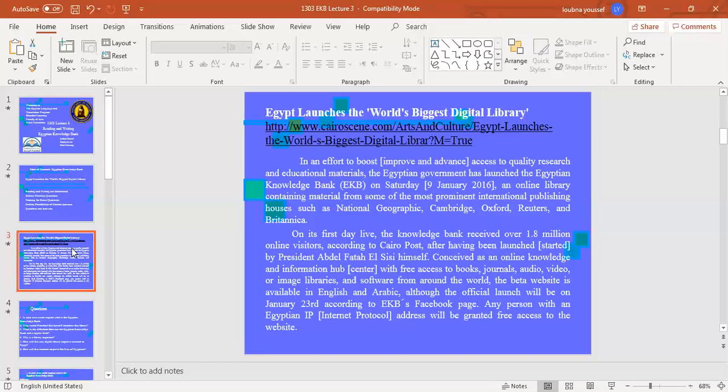Now, the passage did not include the detail, 9th January 2016, but because this passage was written in 2016, I wanted to highlight this piece of information to you, because in 2020, of course, we do not know when this bank was launched, so this is why I added this information.